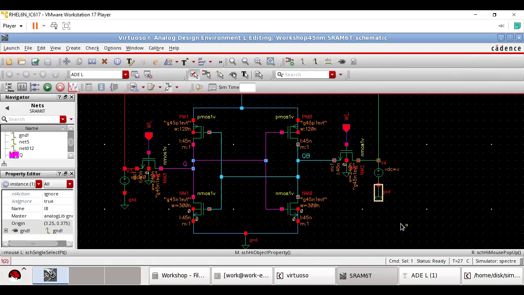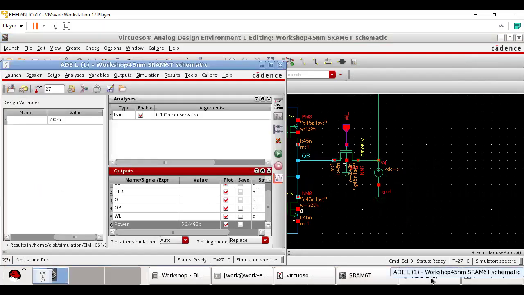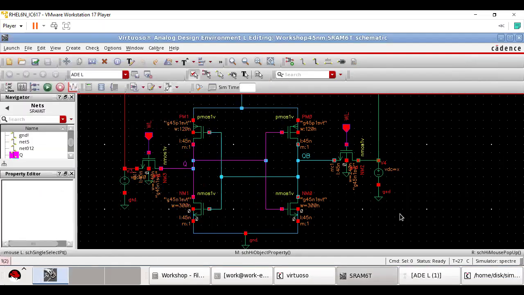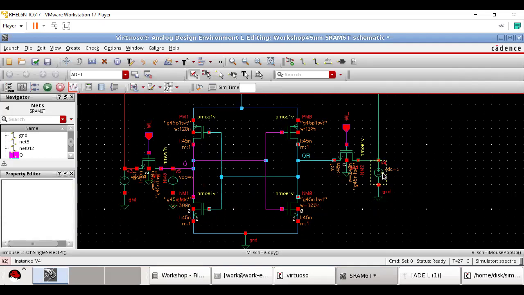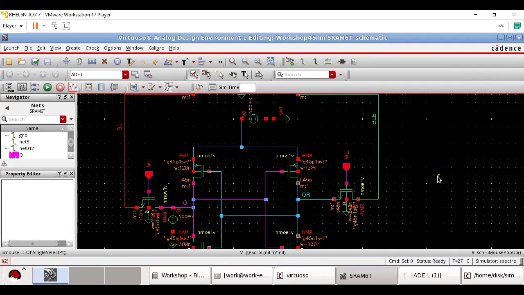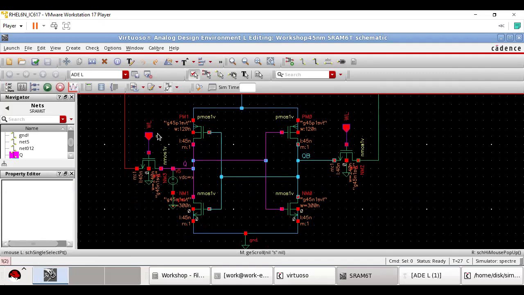Now, one point I missed during this process, that I wanted to explain in the read operation. In the read operation, BL and BLB read only when WL is high.